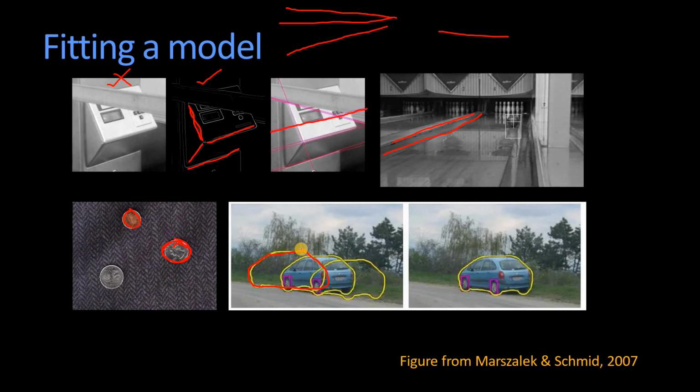Okay, I hope the concept is clear. That's what we want to find. And how do we find these things? We find these things by fitting the model inside our edge image. So if I want to find a line, it is effectively something like doing this.